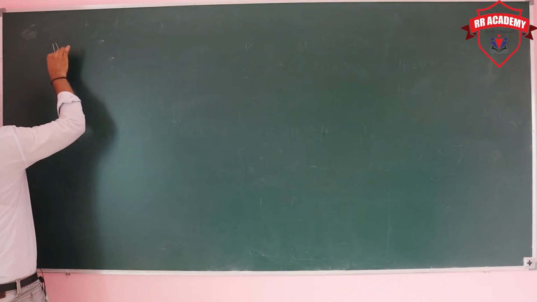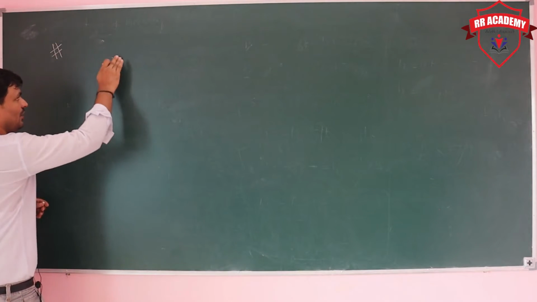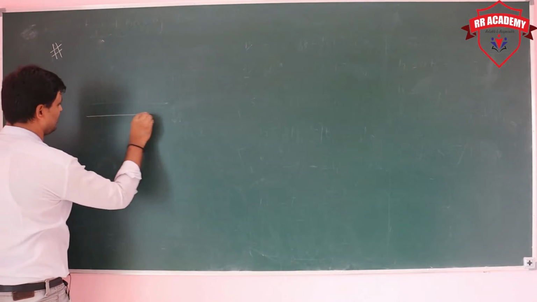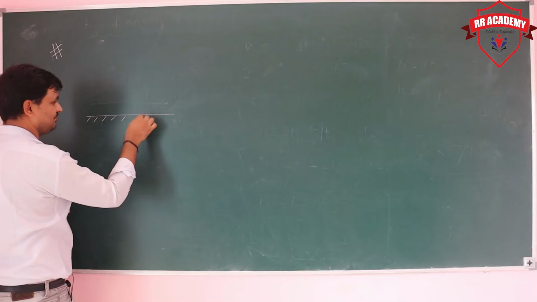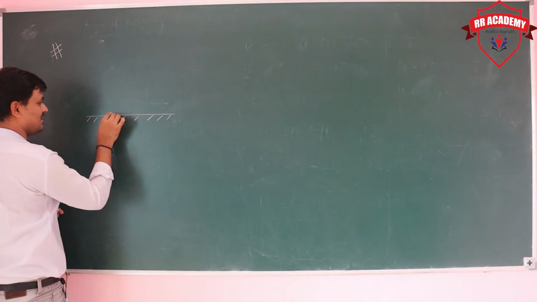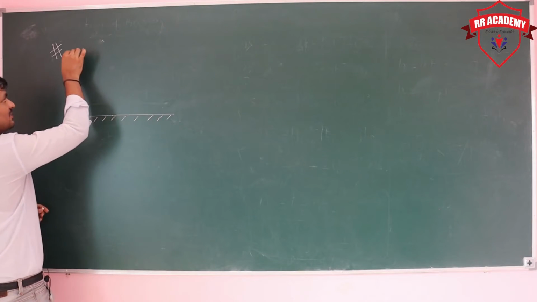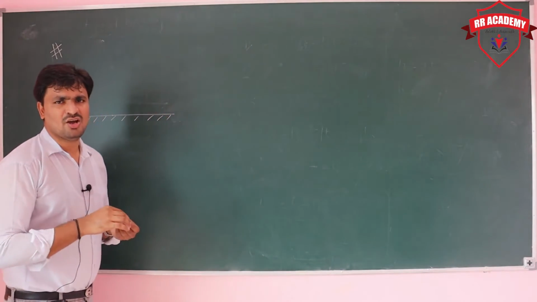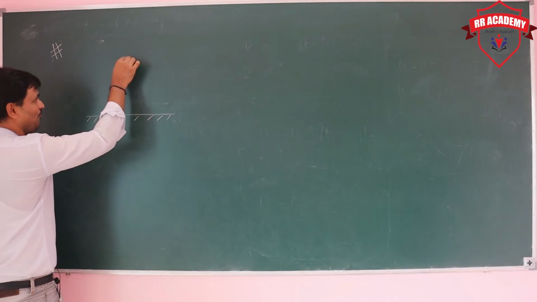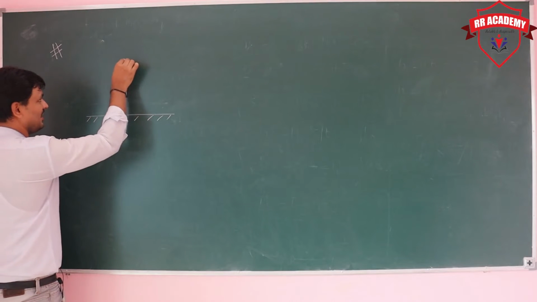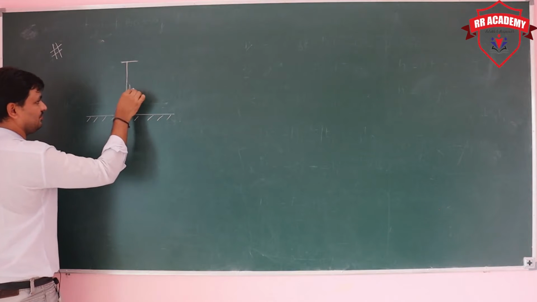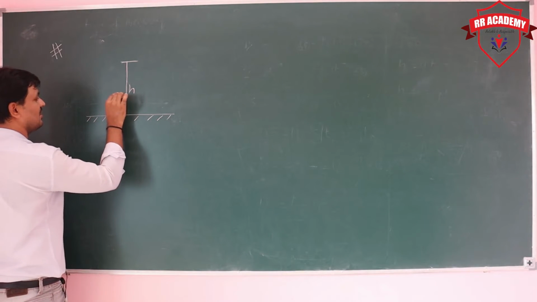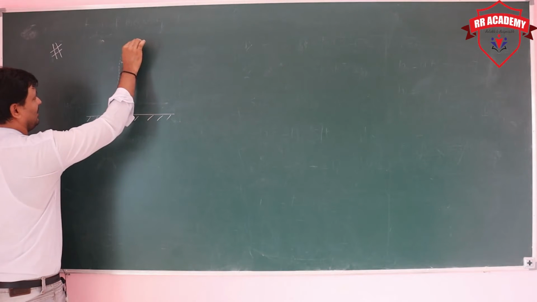See here, we consider a body projected from the ground. Listen carefully: a body projected from the ground which crosses the same point h two times in the interval of t1 and t2.